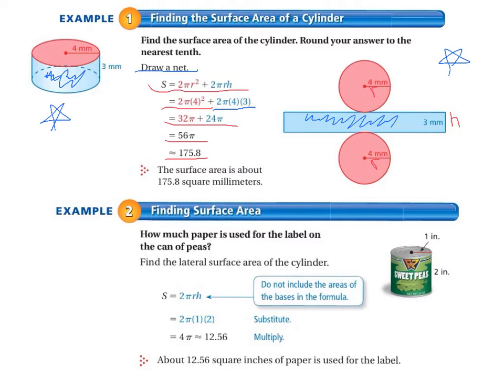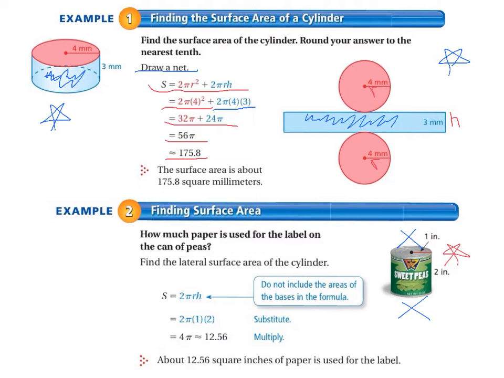Example 2. Finding surface area. How much paper is used for the label on the can of peas over here? Now this is similar to example 1, only we are not including the bases. So we're not going to include the top and the bottom.